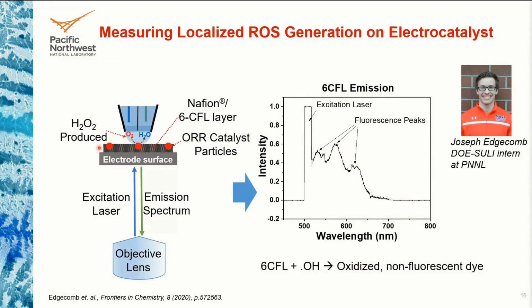So basically, what we did is create an electrode surface wherein we formed a Nafion electrolyte membrane combined with the 6-carboxyfluorescein dye coated on the surface, along with the catalyst particles, and then we filled the cell with oxygen purged electrolyte, and flowed oxygen around the SECCM tip, and monitored the fluorescence of 6-carboxyfluorescein as you raster around or land the tip on different particles on the electrode surface.